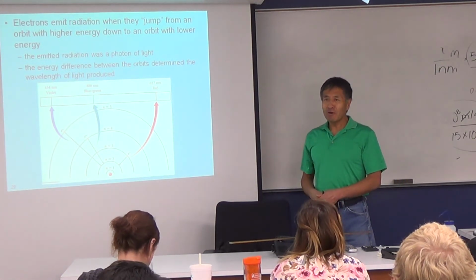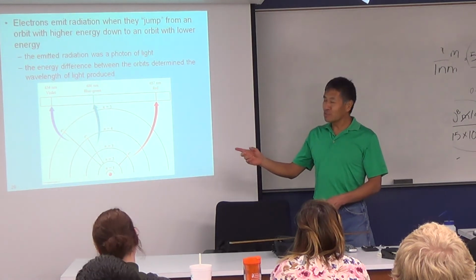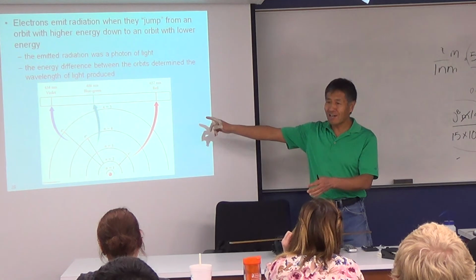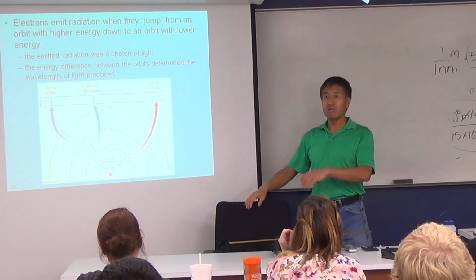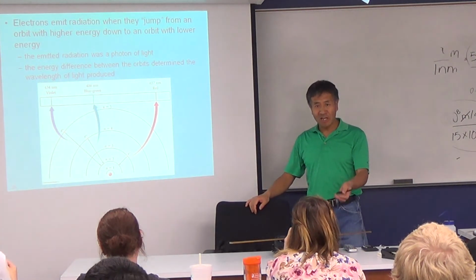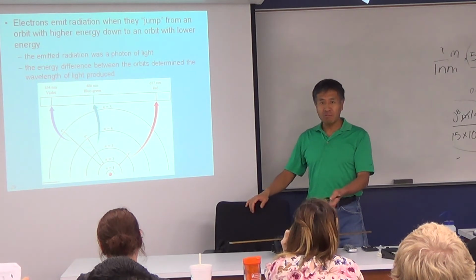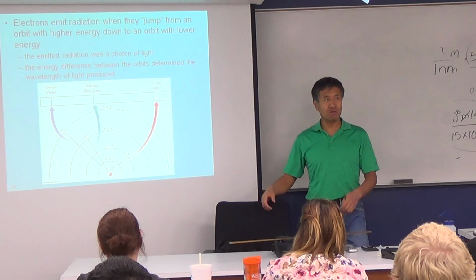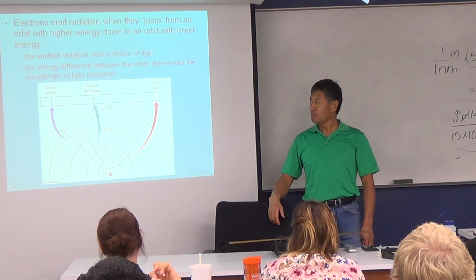So that is one problem. The other problem is that using the result of that simple model, you can only predict those lines for the H atom. If we have some other atom like mercury or neon, that formula will be totally wrong.